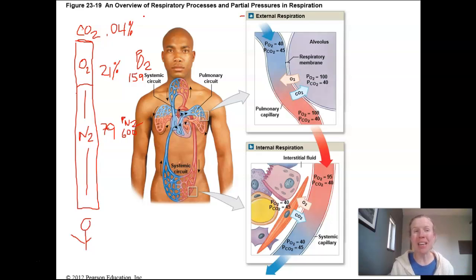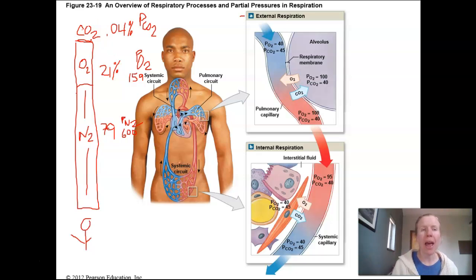You could calculate the PCO2. We're going to focus on oxygen for now, though, right? So again, if you took 0.04, well, that's percent, 0.0004 times 760, that would give you the PCO2. Okay, let's look at oxygen, though.